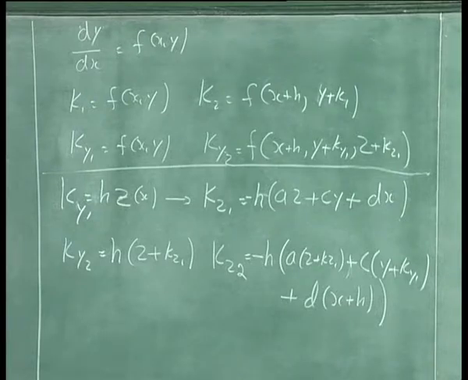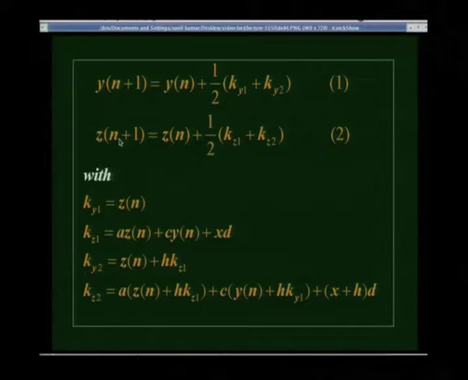Okay. So, let me repeat this here. You have to solve these equations, that is, yn plus 1 is yn plus ky1 by 2 plus ky2 by 2 in the second order case, and similarly for z. When you compute, as you can see, first you compute ky1 and kz1, and then you compute ky2 and kz2, and then we proceed in this fashion.